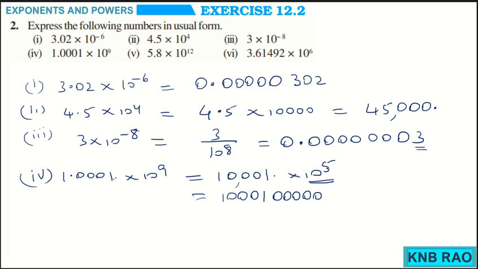So 5 zeros for the sake of 10 power 5. Now total number of digits here, 1, 2, 3, 4, 5, 6, 7, 8, 9, 10. So 10 digits are there in this number. It's a very large number. Amongst these 10 digits, 1 less becomes the power of this 10.